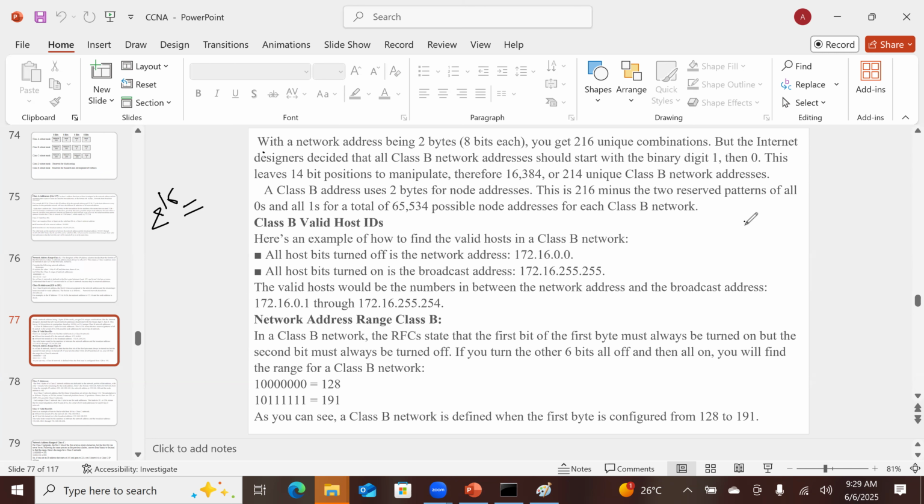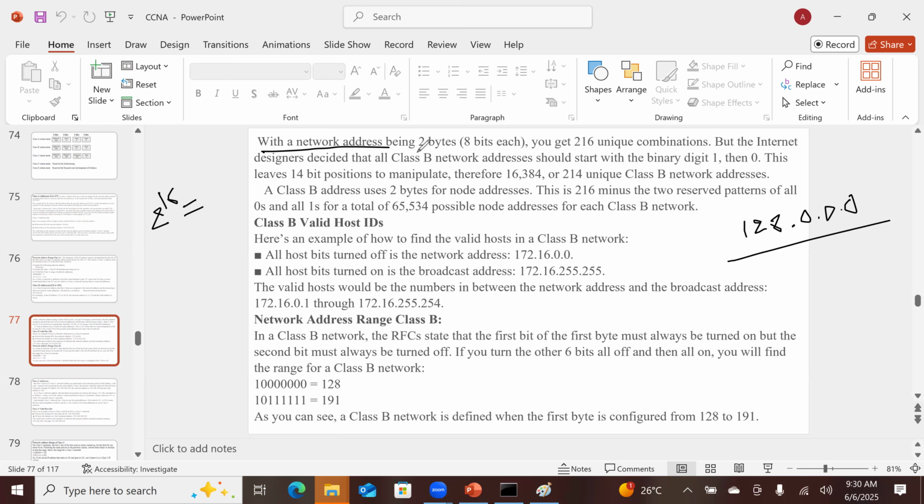That means in just the 128 network, how many IP addresses do we have? Okay, 65,535 addresses.